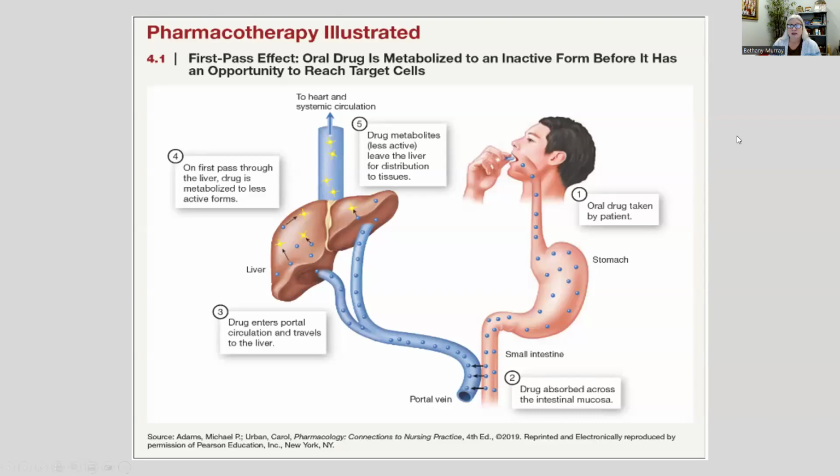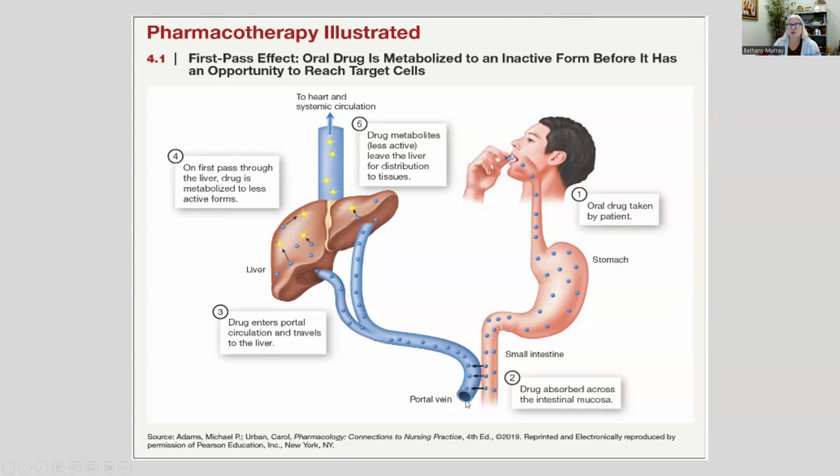Okay, so let's look at this illustration of metabolism and the first pass effect again. Here we have a person ingesting their daily medication. The oral drug, represented by the blue beads, goes into the stomach and the small intestine, where it dissolves, becomes absorbed across the intestinal mucosa and into the bloodstream.